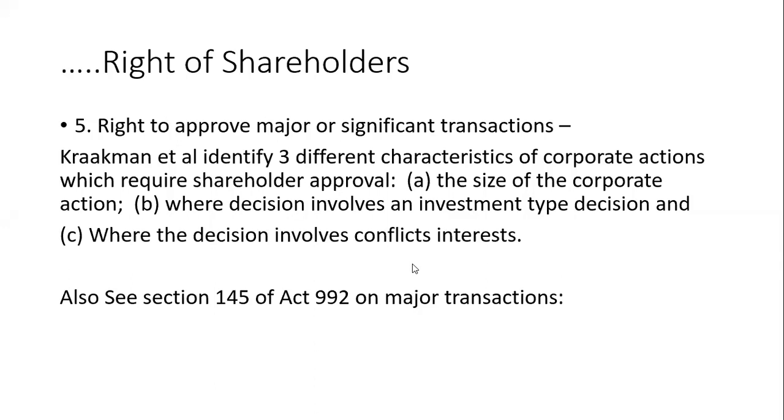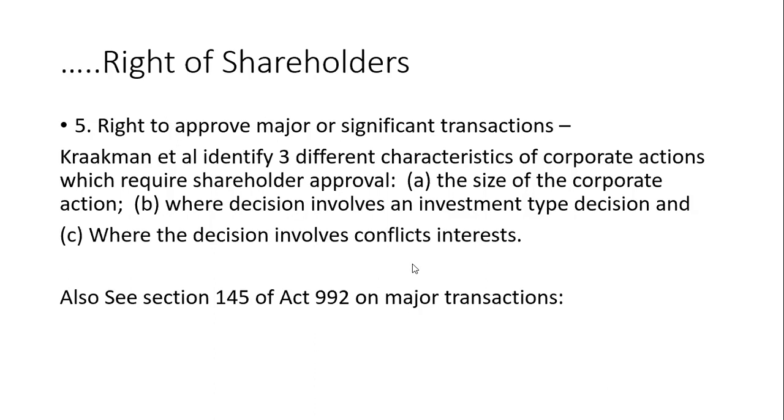So being a shareholder, you have the unique right to decide whether major or significant transactions should be undertaken or not. If you go back to the Anatomy of Corporate Law, Kraakman and co identify three different characteristics of corporate actions which require shareholder approval, where directors must not just exercise their managerial discretion.